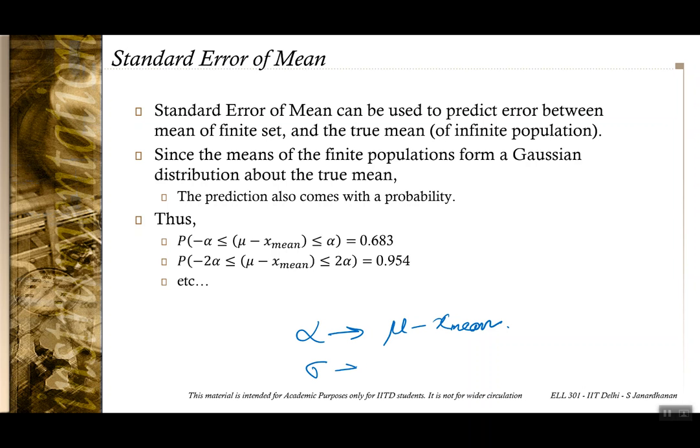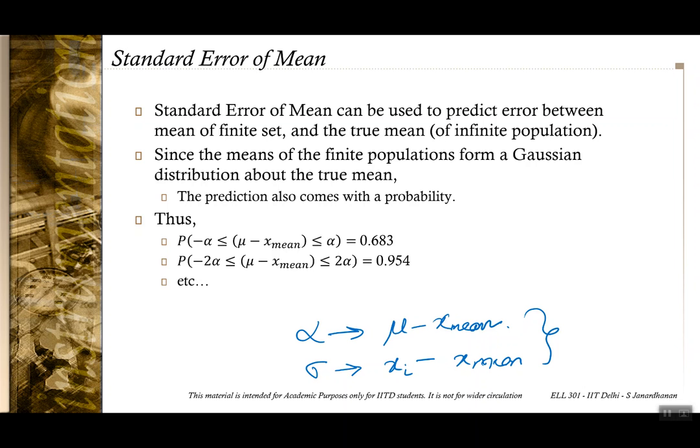And the standard deviation of the Gaussian of the sample that we have taken will give an estimate of the error between any arbitrary measurement xi and x mean.